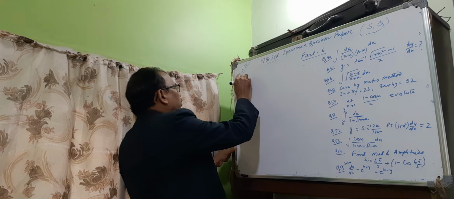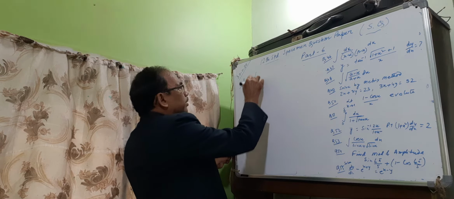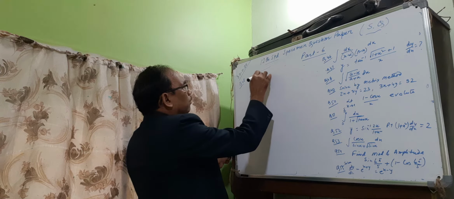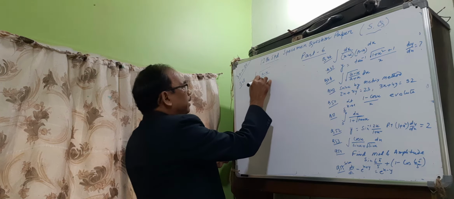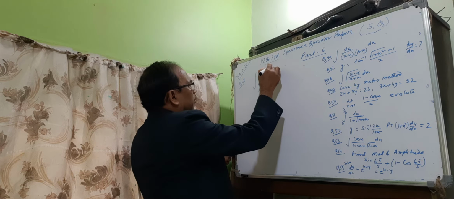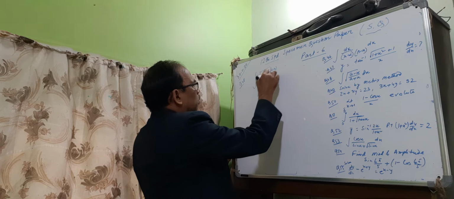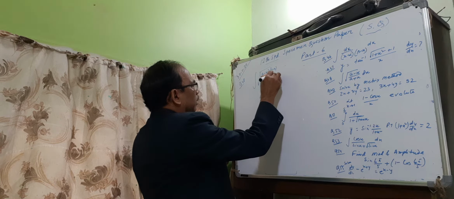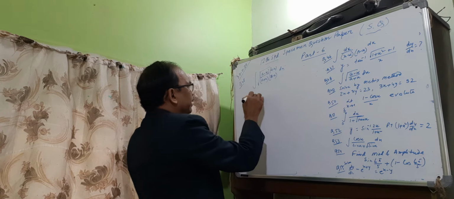Question number 48. Integration root over of a minus x by a plus x. Multiply a minus x in numerator and denominator, dx.